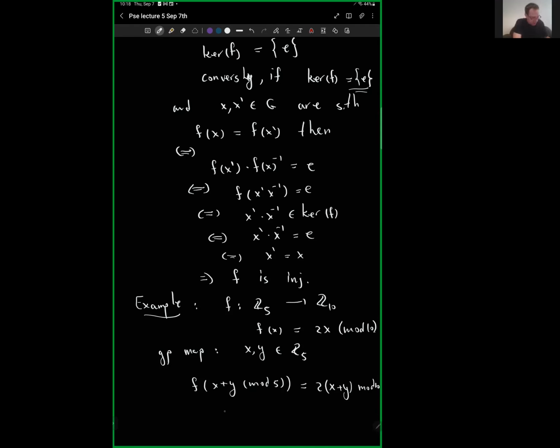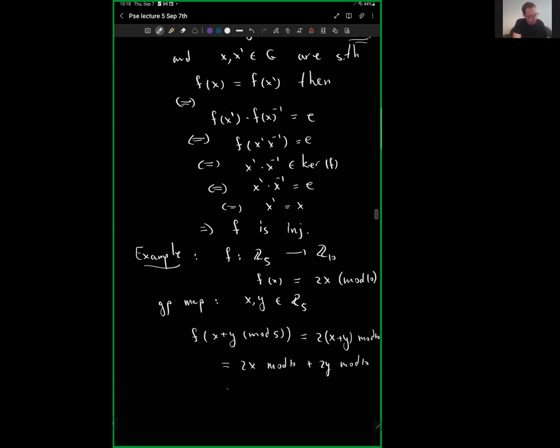And by basic properties of modulus, this is equal to 2x modulo 10 plus 2y modulo 10, which is simply f of x plus f of y. So the fact that I have the equality between the two parallel expressions means that I have a group map.